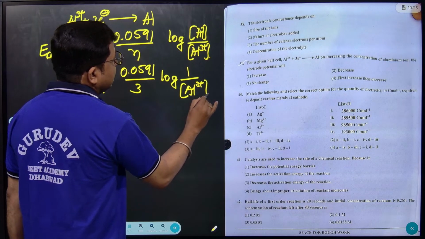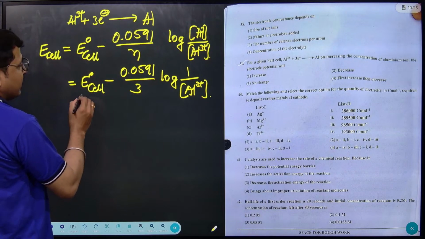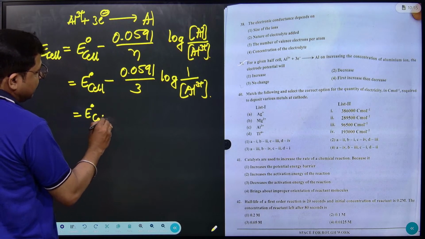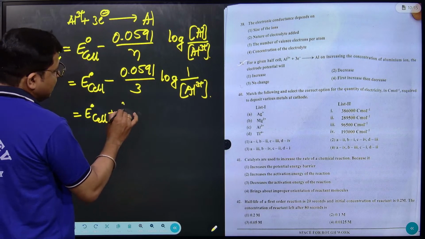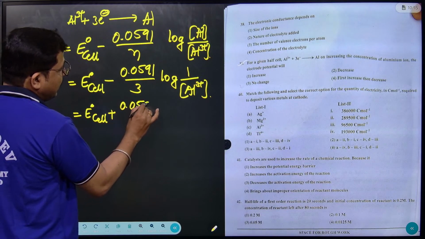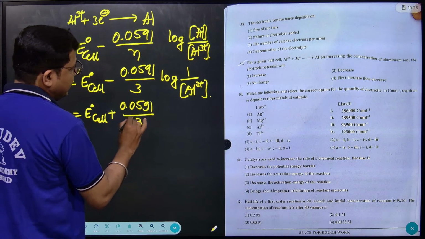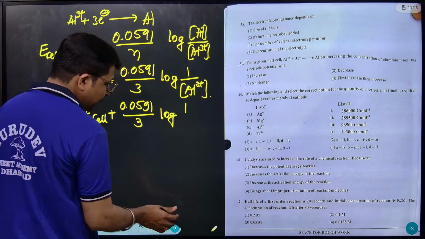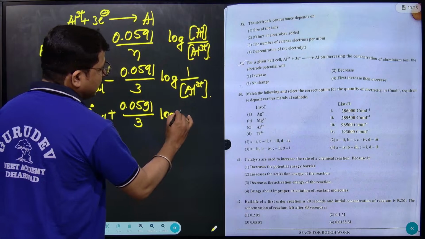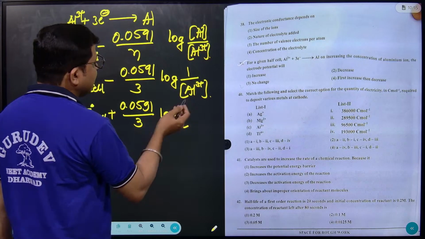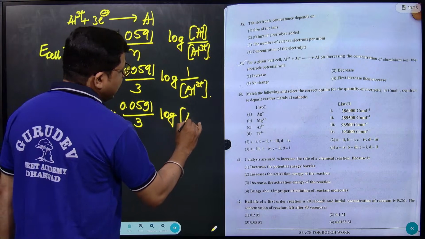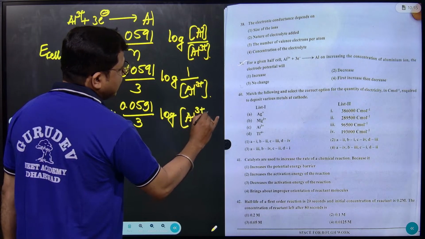Now I will rearrange the equation: E naught cell plus 0.0591 divided by 3 into log of 1 over Al3+. The denominator term comes to the numerator, because instead of minus I have taken plus, Al3+, right?